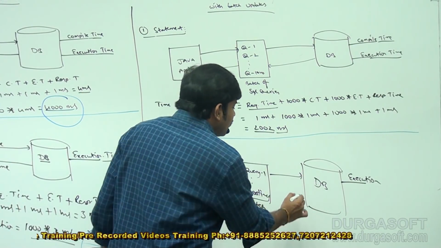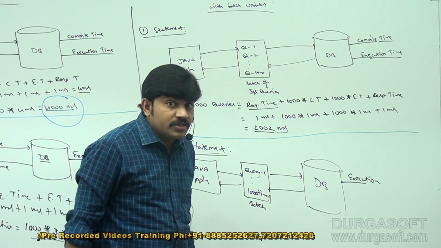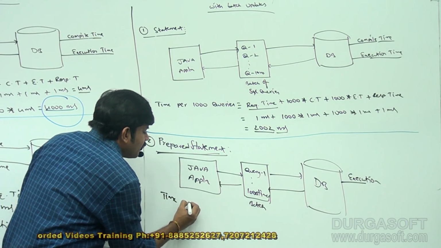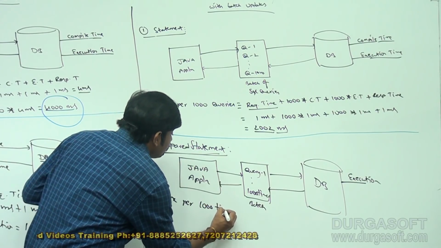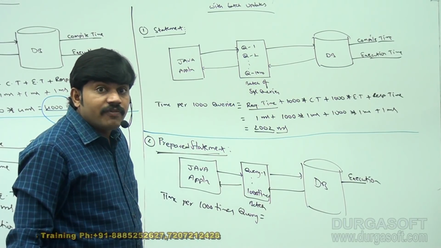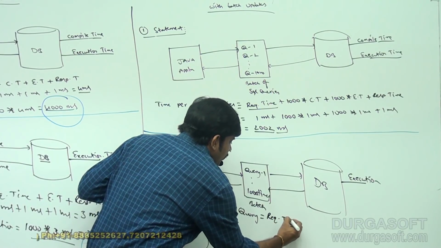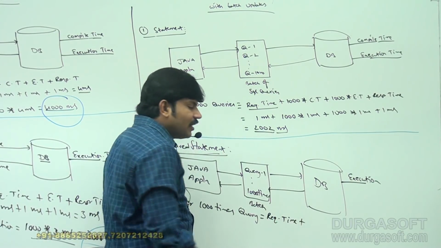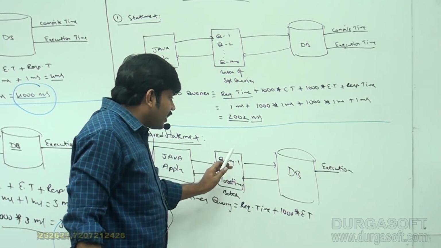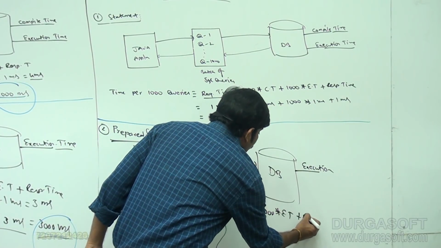Sir, next the result I have to send to the Java application. How many times do I need to send it? Only once. Now, the time for 1000 times query execution: request time plus 1000 into execution time, because every time the query is required to execute, automatically 1000 times query execution, plus response time.